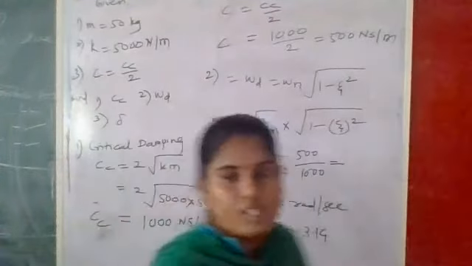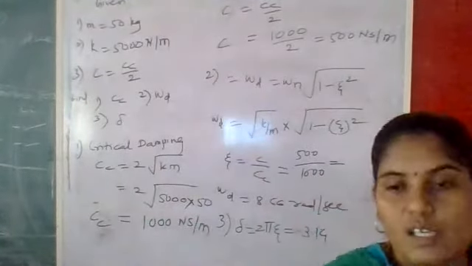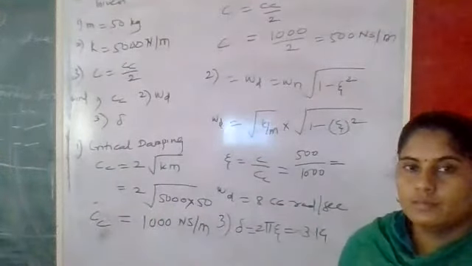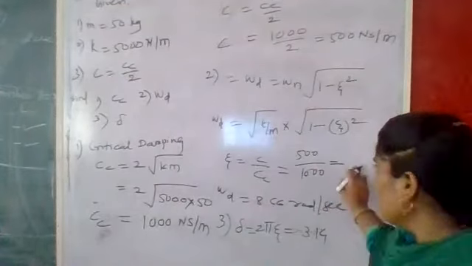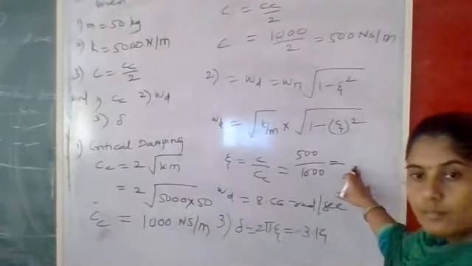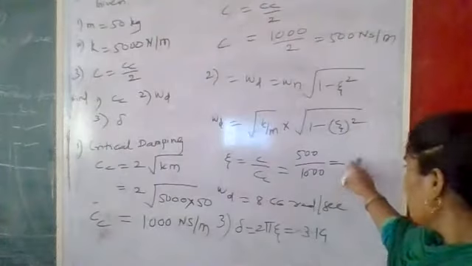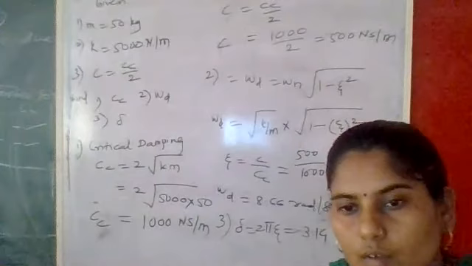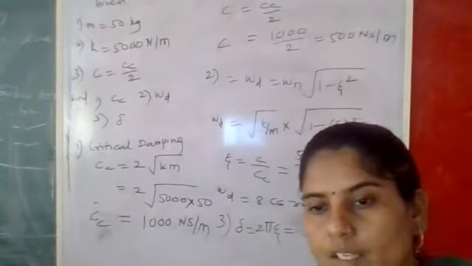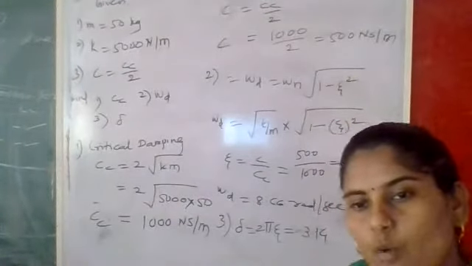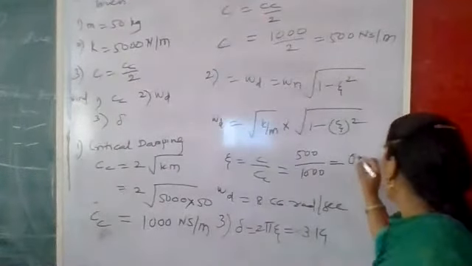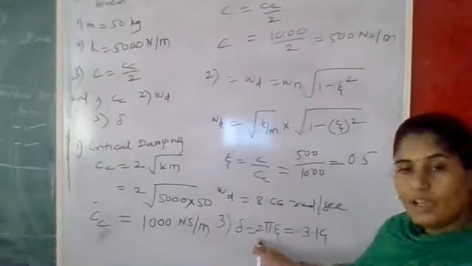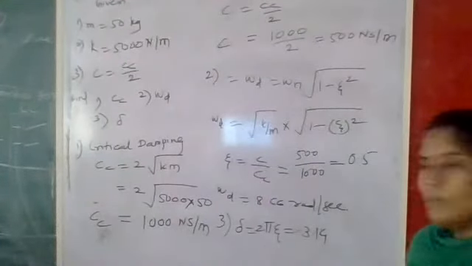Someone tell me the value, what is 500 by 1000? Please tell me fast. 0.5. Okay, now this 0.5 value we put here, 0.5 multiplied by 5 into 2, and we'll get directly the value of delta.